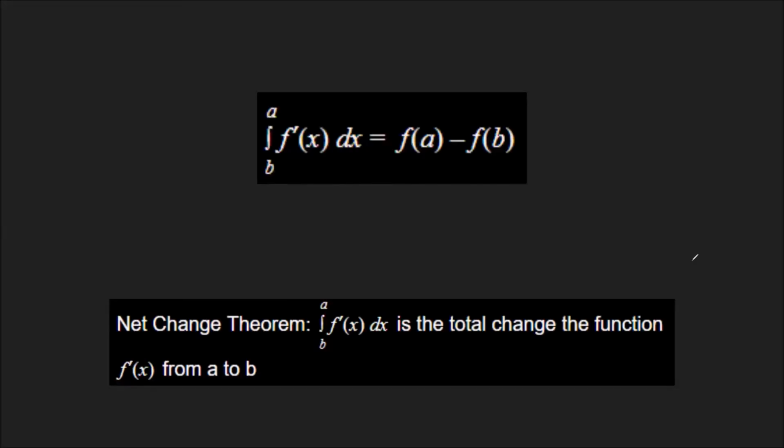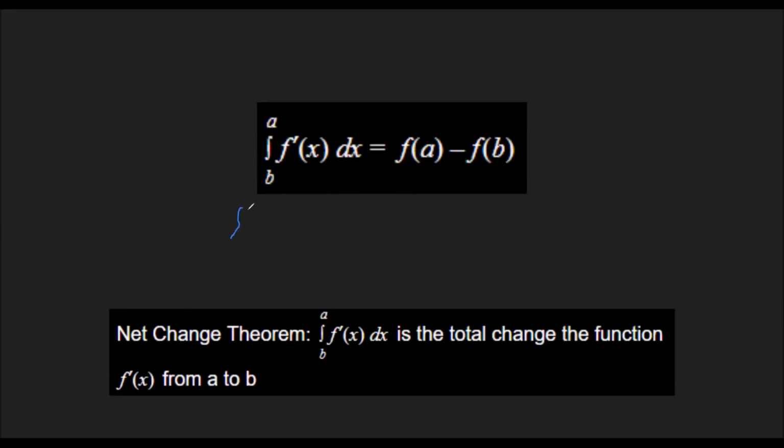Okay, let's get into the formula for finding the answer to a bounded integral. Essentially, you're just going to integrate the function normally. So if you have the integral from a to b of f prime of x dx, or just f of x, any function, what you're going to do first is find the integral of f prime of x.